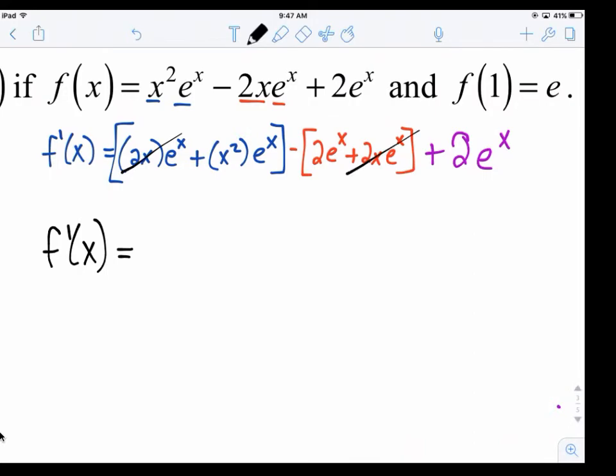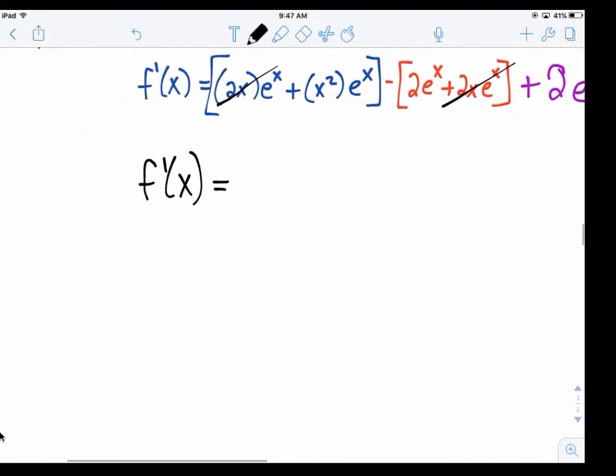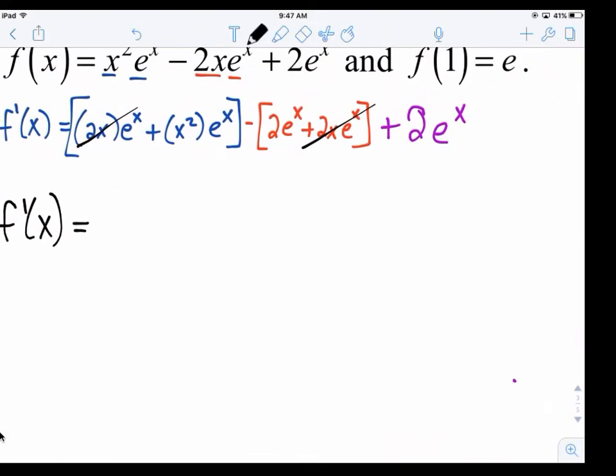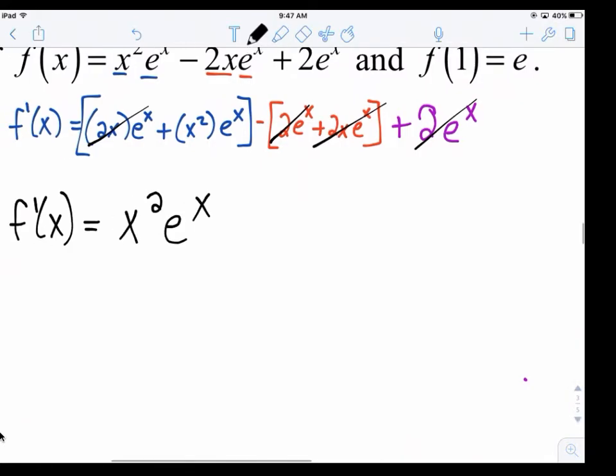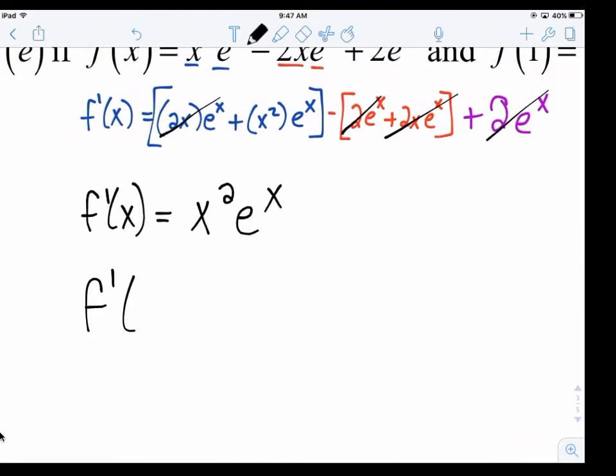Then I have negative 2e to the x plus 2e to the x. Bye-bye. And I'm left with x squared e to the x. So f prime of 1: you plug in 1 for x. So you get 1 squared is 1, and then e to the first is just e.